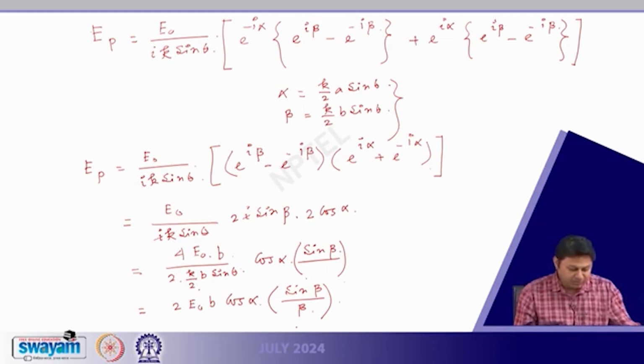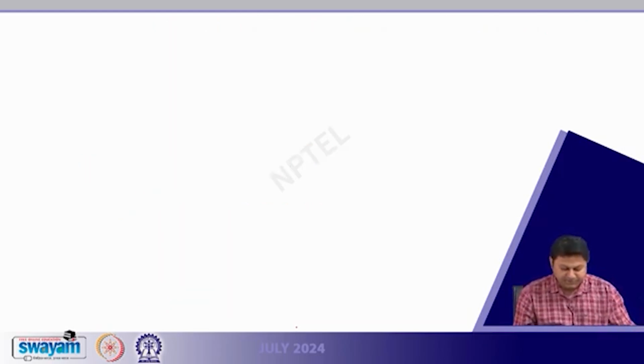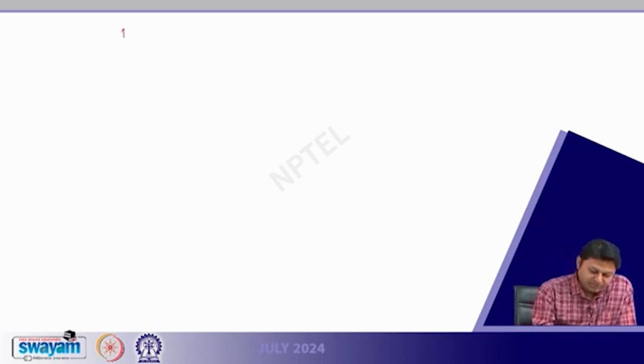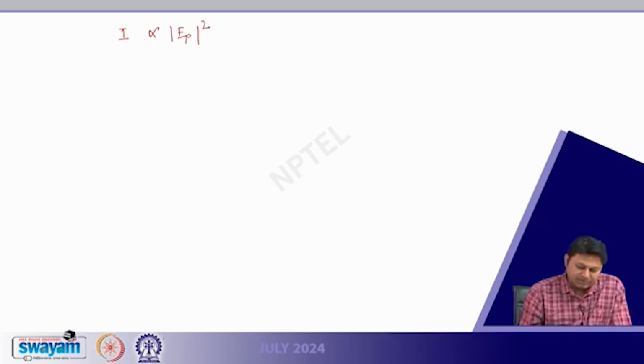So, essentially what we have, the intensity distribution is something like this. Intensity distribution should be proportional to the mod of E p square. So, intensity at point P will be this.